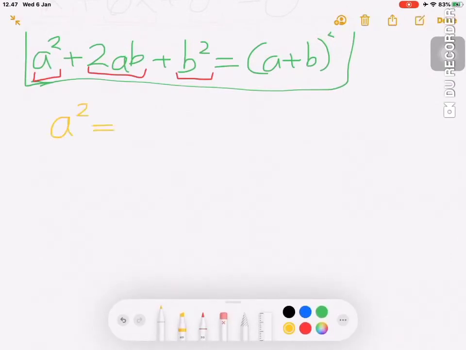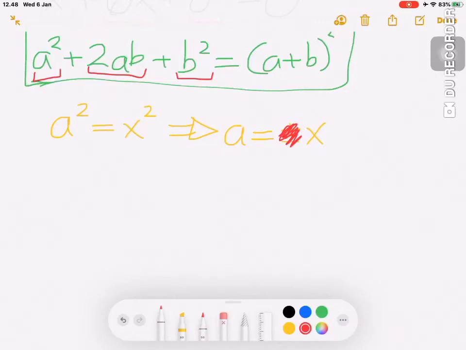So I'll go down here. a squared equals x squared. We can take the square root on both sides real quick. You get a equals plus or minus x, but you really don't need to use the plus or minus sign.